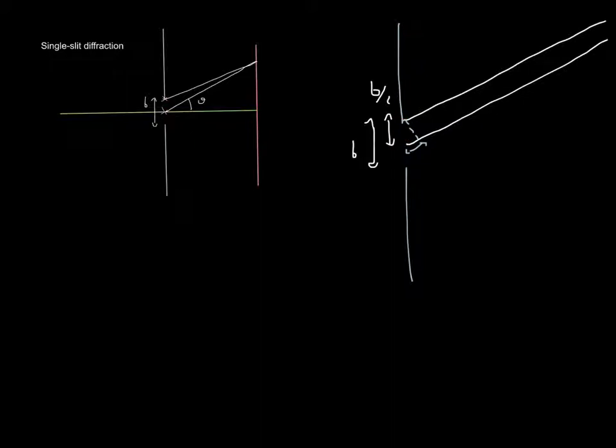So just like before, I say that the path difference is equal to b halves times sine of theta. But in this case, I'm really lucky again, because this is a small angle, so I can say that this is more or less equal to b halves times theta.